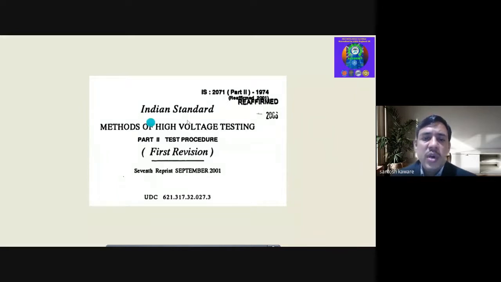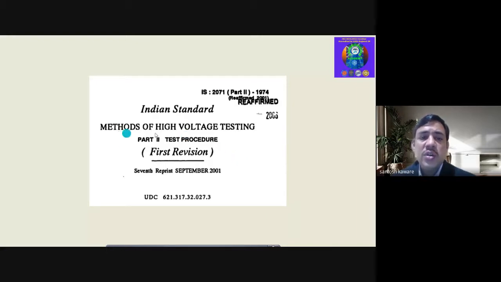So these are some IS, that is IS 2071 Part 2, 1974. It was reaffirmed first in 2001, and again reaffirmed in 2006. Now, again, certain procedures they have modified in this, some addition and deletion is there.